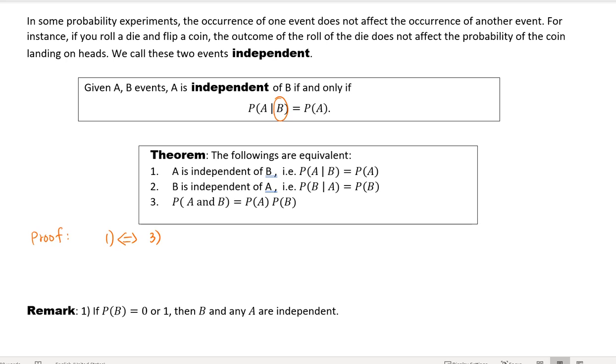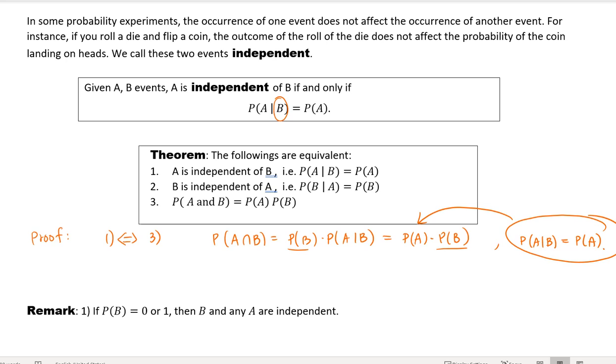By the theorem, we have the probability of A and B is the probability of B times the probability of A given B. Now if this equals P of A times P of B, then because we have P of B on both sides, we can divide both sides by P of B, and we get P of A given B equals P of A. Similarly, if we know this, then we can deduce the other. So that's why 1 and 3 are equivalent.